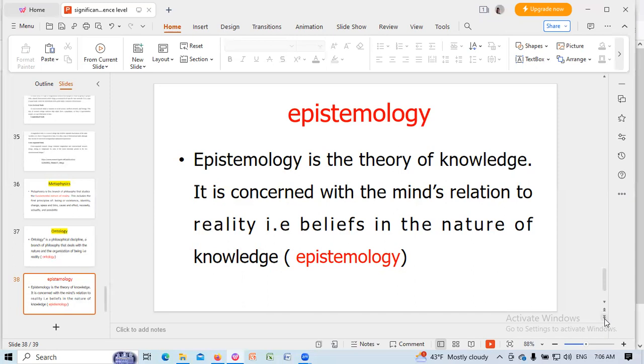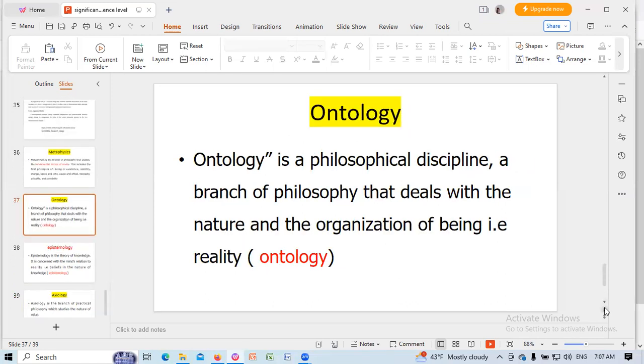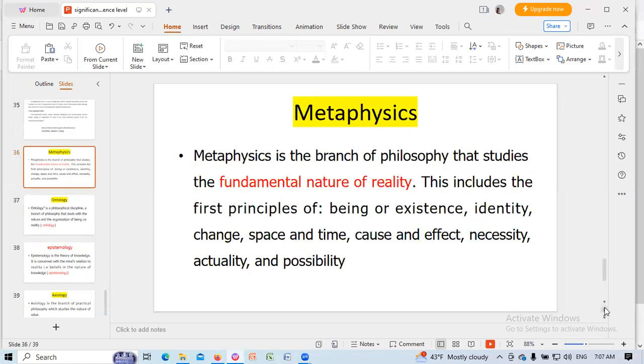Epistemology is the beliefs. Ontology is the reality. That is the root. Metaphysics is the fundamental nature. What are the fundamentals? Existence, necessity, identity, cause and effect, space and time, change.